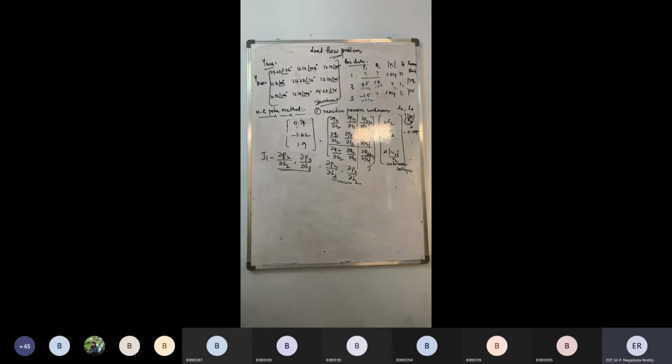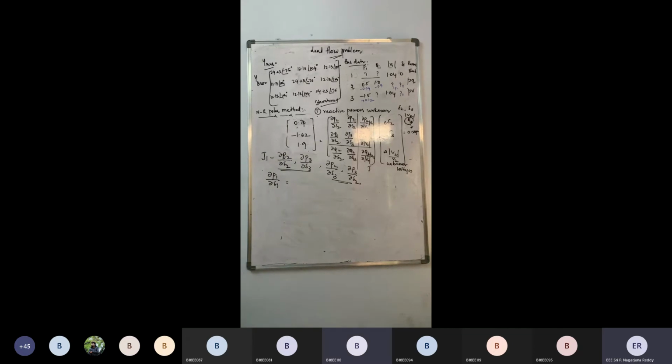We have determined the expression for these elements. If anybody remembers these things, we do have a formula: dou Pi by dou delta i, which was equal to, what was the formula? Everybody remember?